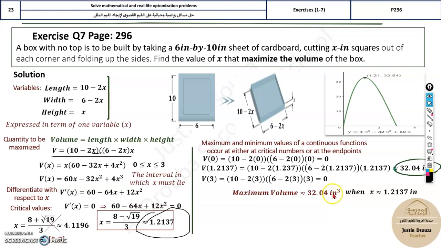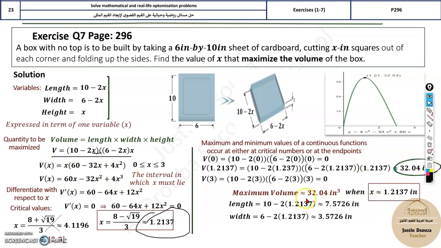Sorry, you have the critical number x, that is the x value to be considered. So substitute in these and you will get the answers. Height is the same, but length and width will vary.